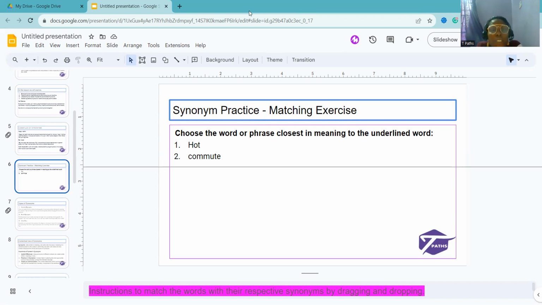Another word for ought and commute. Yeah, answers are popping in. Ought, very warm. Yeah, it's fair enough. Yeah, it's good. Another person.